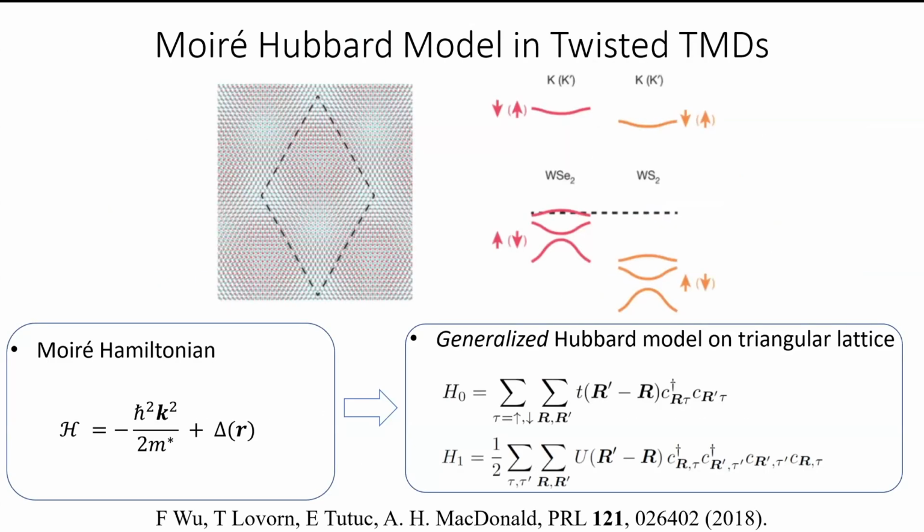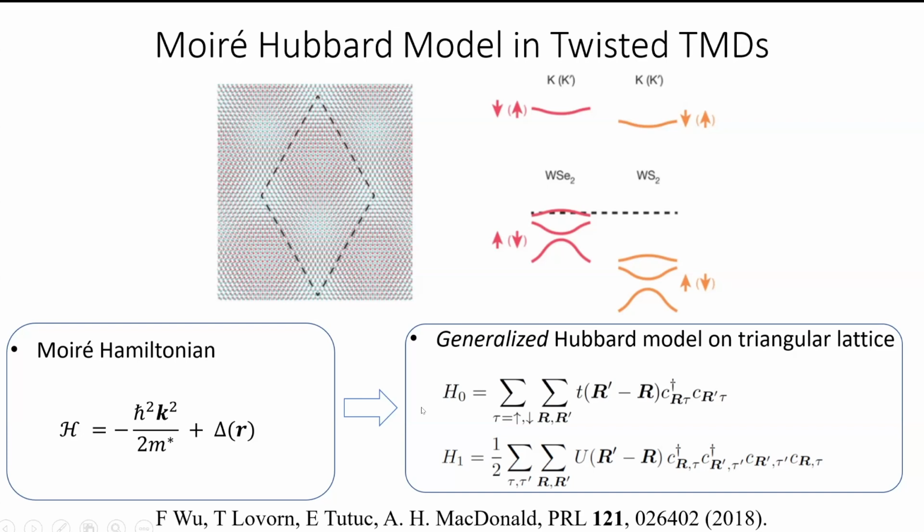Following this exciton work, we realized that electrons in this system can also feel the potential generated by this Moiré superlattice. In graphene, this potential is not very significant, and people do not talk about it. But here, this potential is significant.